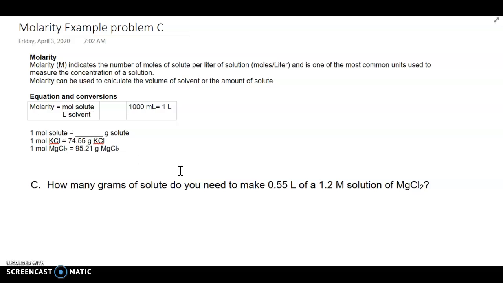So C says, how many grams of solute do you need to make 0.55 liters of a 1.2 molar solution of MgCl2? Okay, so this is the hardest example we have.